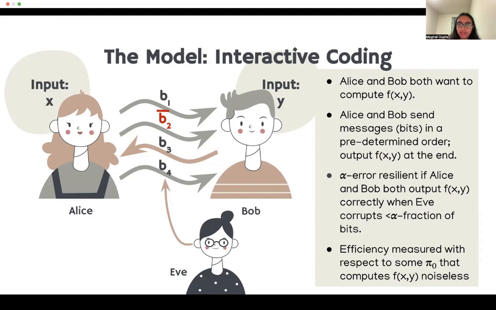This is analogous to regular error correcting codes in that the efficiency is measured against the length of the message X itself, which is the best way for Alice to send Bob X in the setting with no noise. So X is the thing you're trying to communicate, and it plays the role of the noiseless protocol pi naught. The goal is to not be much worse than the noiseless setting.